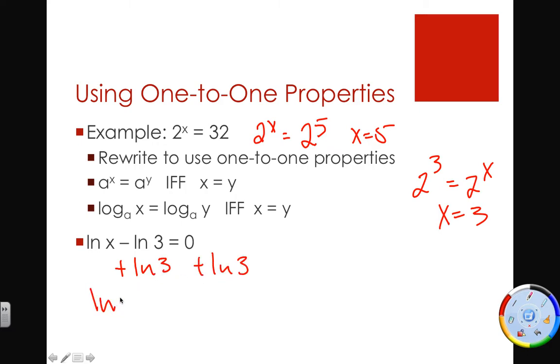So I get the natural log of x equals the natural log of 3, and I've now set up a one-to-one property. If the natural log of x equals the natural log of 3, that has to tell me that x equals 3. It's as simple as that. And if you substitute it back into the original equation, natural log of 3 minus the natural log of 3 better be 0.